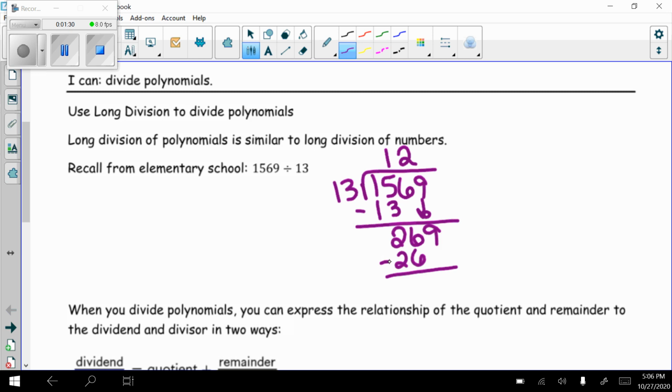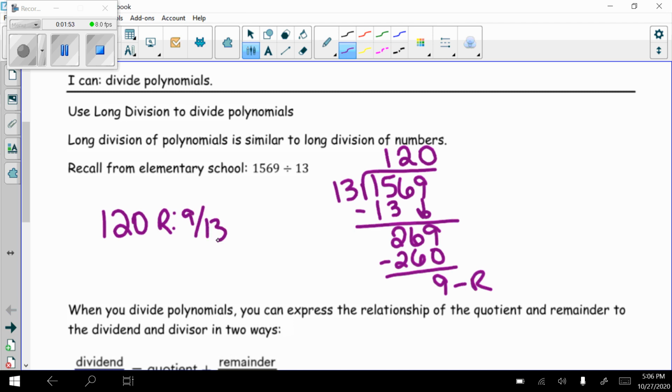Subtract. So then I have 9 left. How many times will 13 go into 9? 0. This is our remainder. So the way that we wrote our answer would have been the quotient was 120 with a remainder of 9/13.